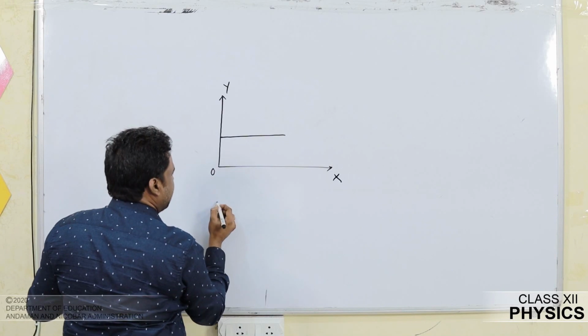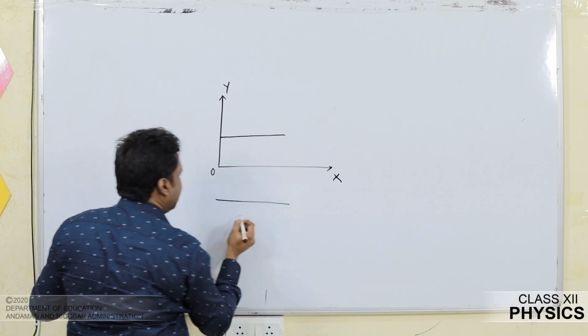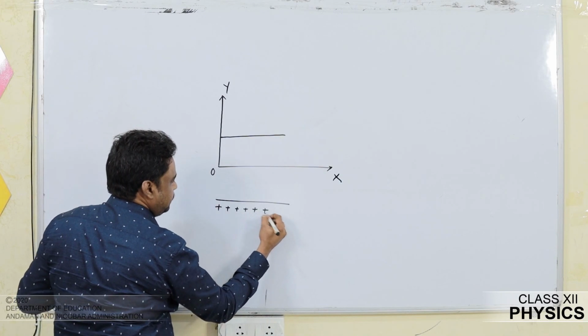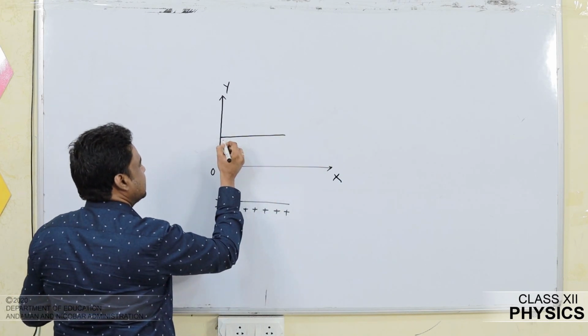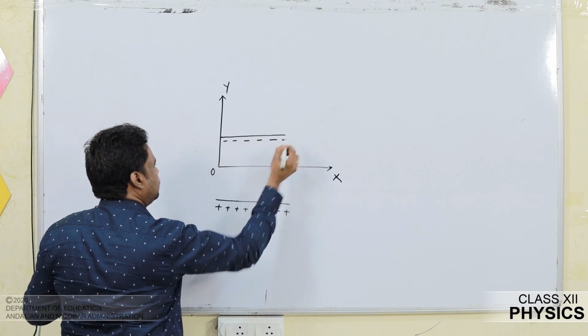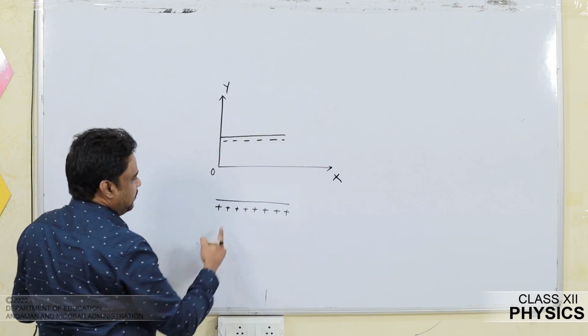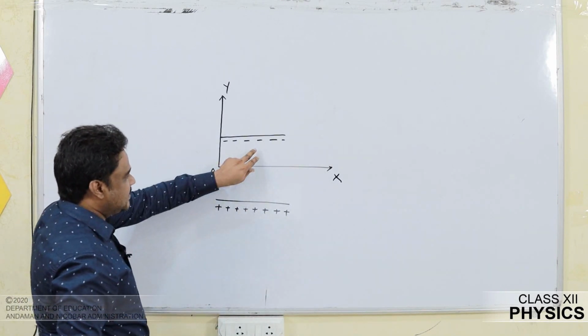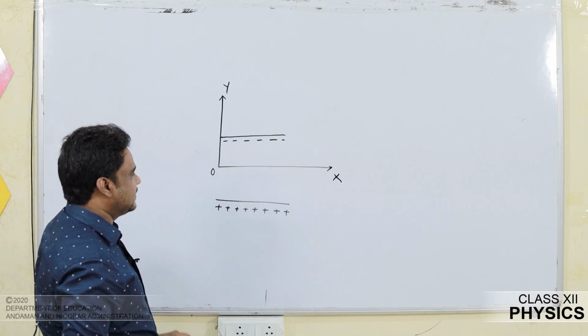By assuming 2 parallel plates. Say one is positive, another is negative. You are able to see one plate is positive, another plate is negative. So what acts in between them is a uniform electric field.